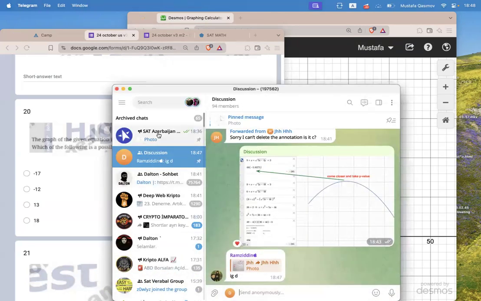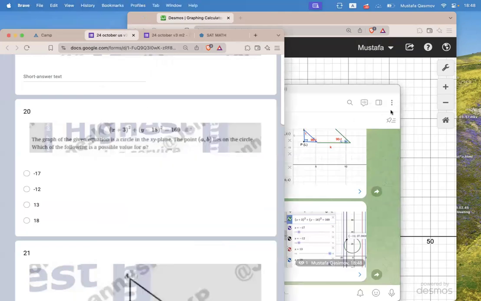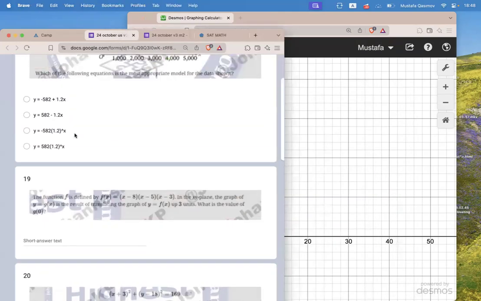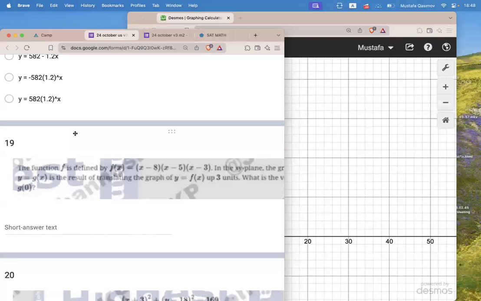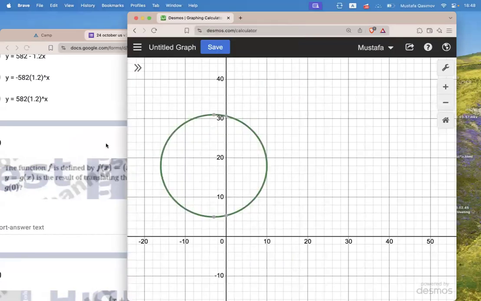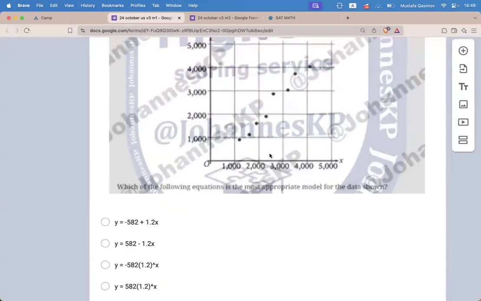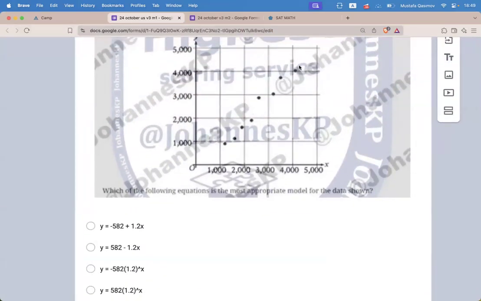Okay. This one, because they go up 3 units, you just have to add 3, then write 0 instead of x, and you will get the answer. It's very simple. You can see that it goes up, so it is linear, it is not exponential.